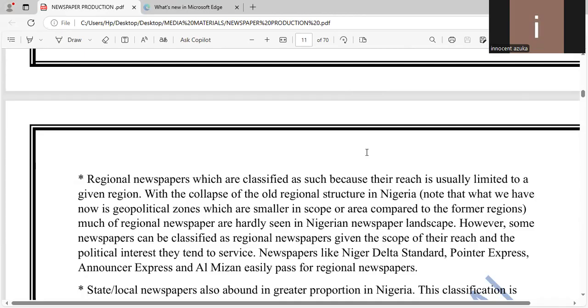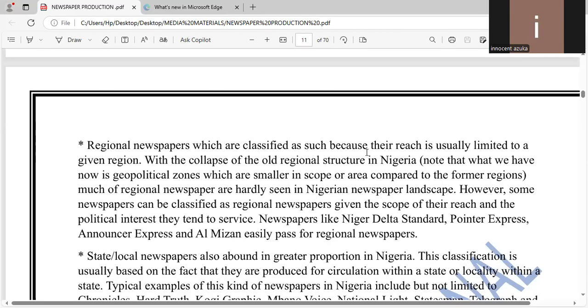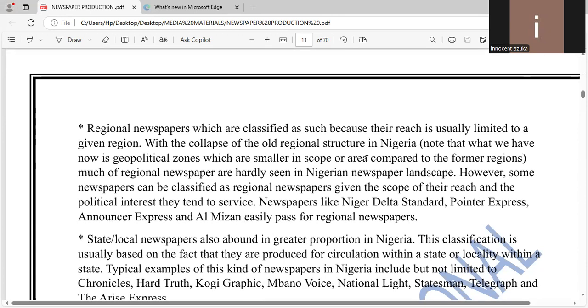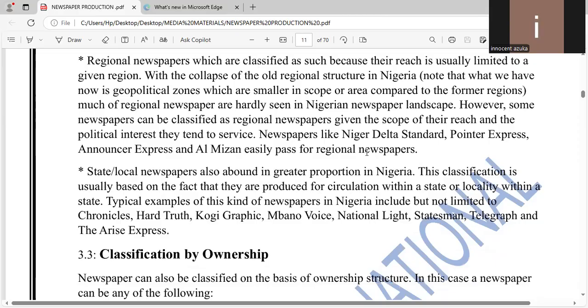Remember, what we have now are geopolitical zones, which are smaller in scope and area compared to the former regions. So what we have right now is geopolitical zones, no more regions. So we have the state and local newspapers also abound in greater proportion in Nigeria.